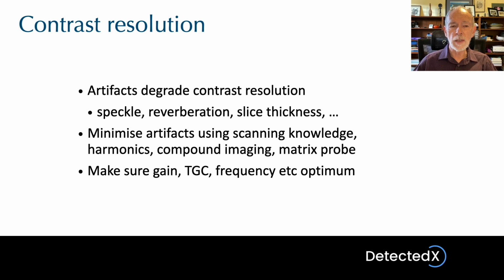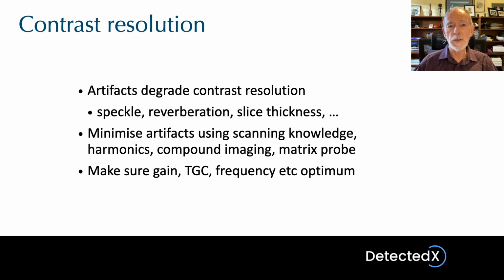So essentially, the artifact echoes are going to muddy the image and make it harder for you to see small variations in echogenicity. Now, by artifacts, I'm talking about things like speckle, a reverberation artifact, slice thickness artifact, and so on. To get the best contrast resolution, you need the cleanest image with the least amount of artifact.